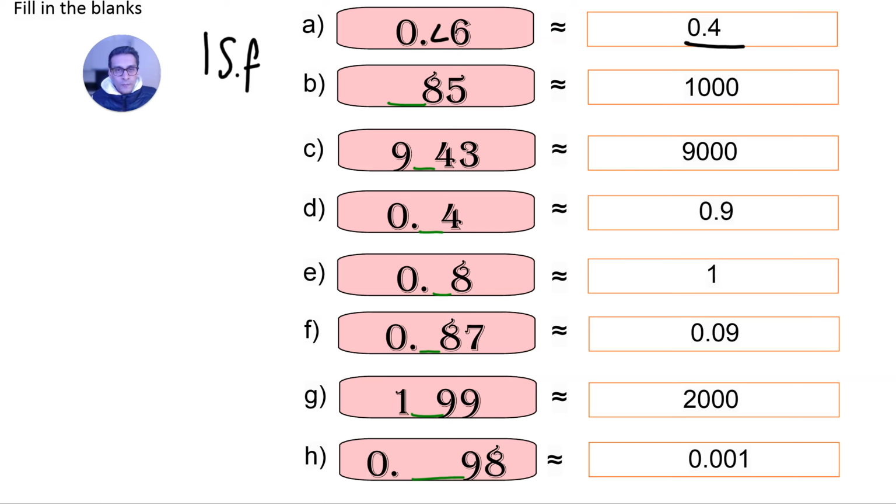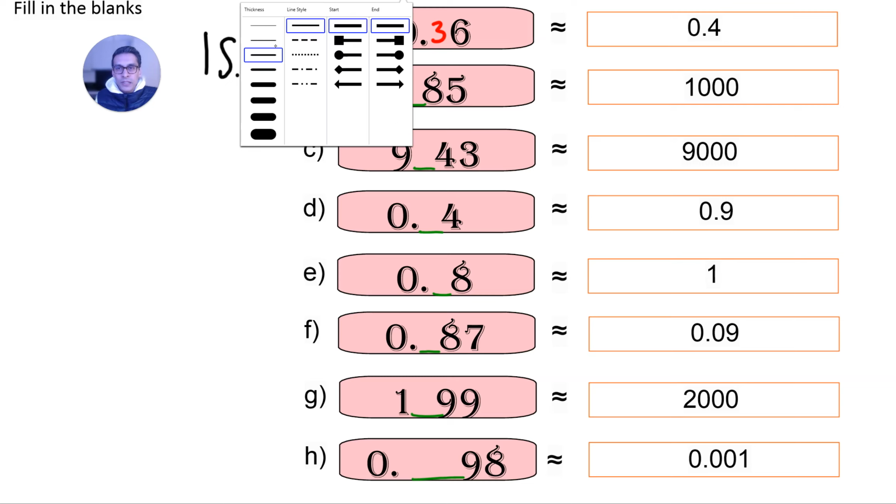If it was a 4 and the decider is a 6, then that would round to 0.5. So the missing digit here has to be a 3. So 0.36 to one significant figure is going to be 0.4. So have a go at filling in the rest, and then I'll show you some answers for this. Pause the video if you need more time.